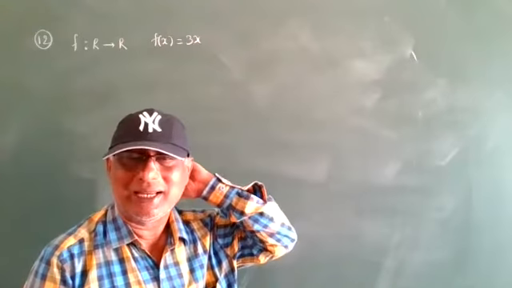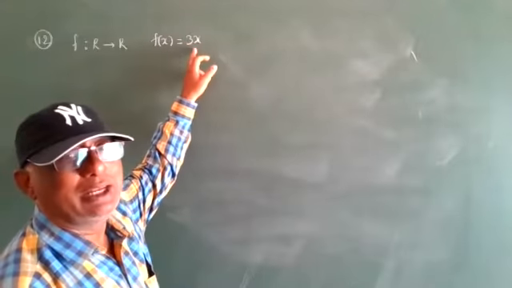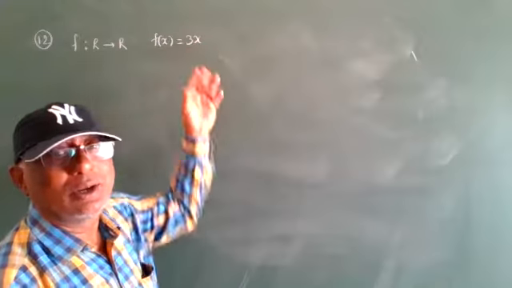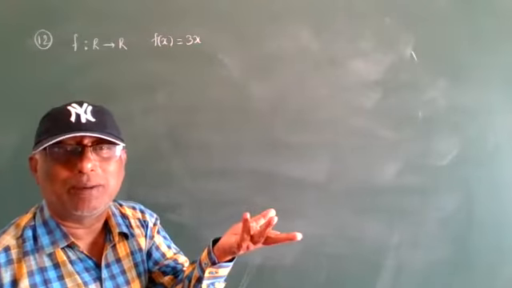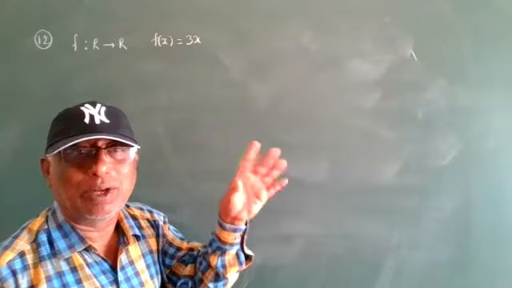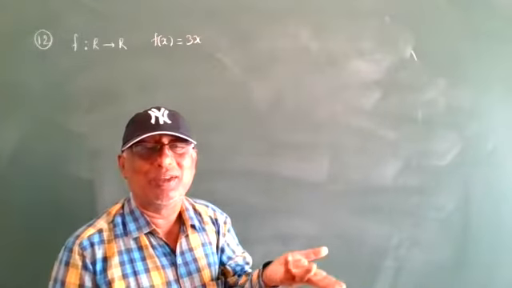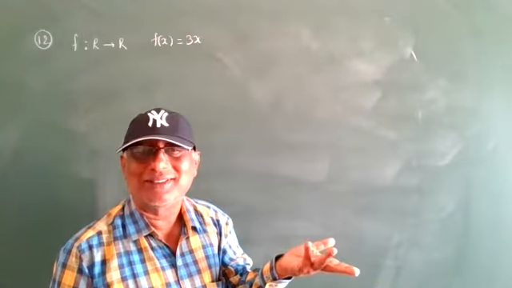What is the reason? Here we are getting only the multiples of 3, not getting multiples of 2. Codomain and range are not equal. Therefore, it is not an onto function.